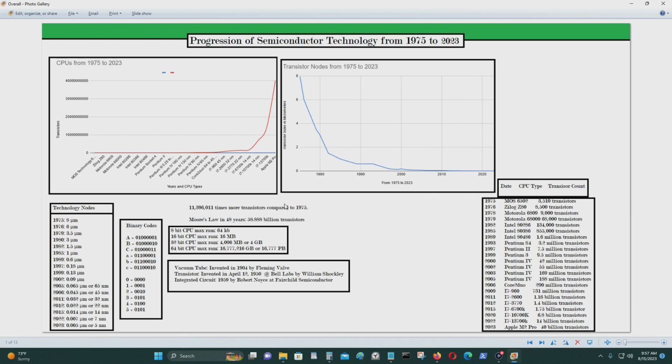You could buy a Commodore for maybe, not sure exactly how much they cost, maybe $400 back in 1982 or something like that. It's a heck of a lot cheaper than $487,000 in 1945 dollars.